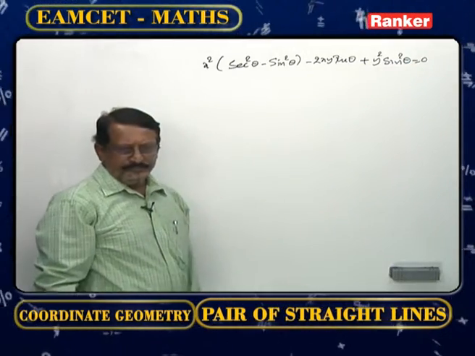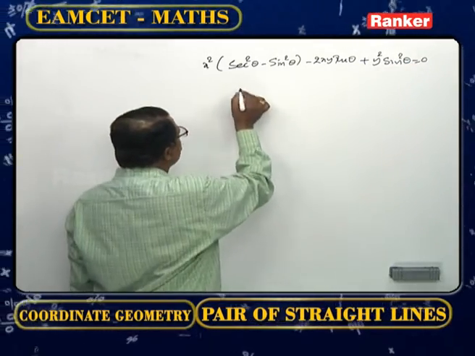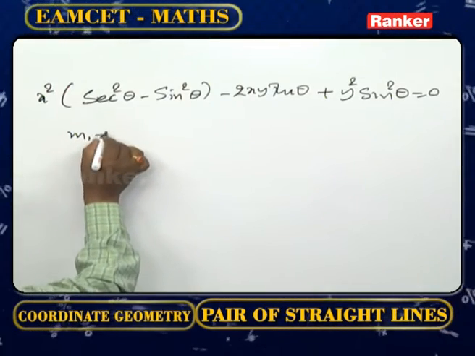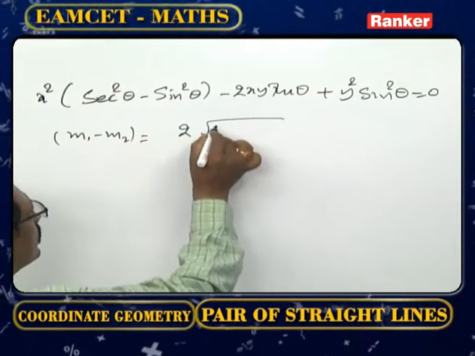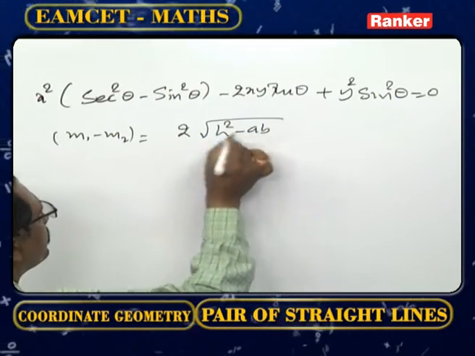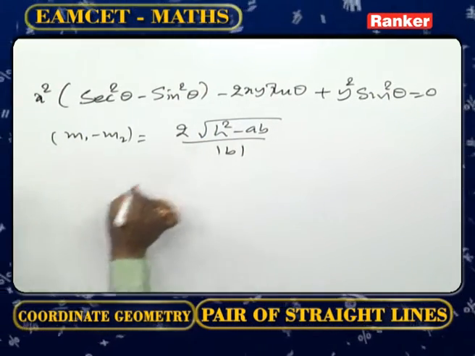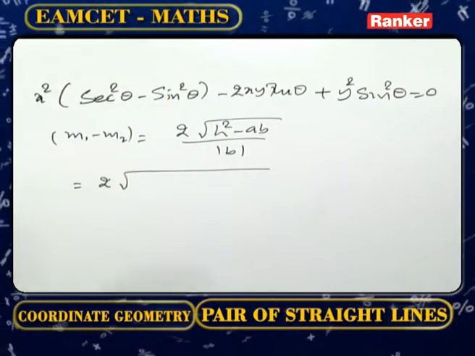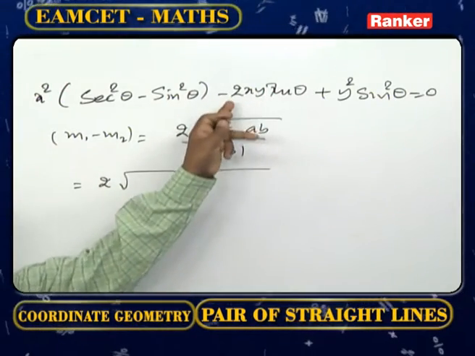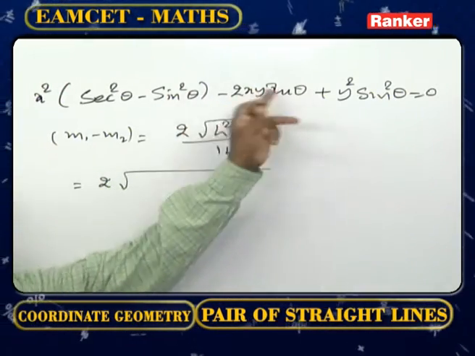Similar problem. Now, the difference of slopes equals 2 into square root of h square minus ab by mod b. Now, that equals 2 into square root of h square minus ab, where h equals half of the coefficient of xy. Half of the coefficient of xy is minus tan theta.